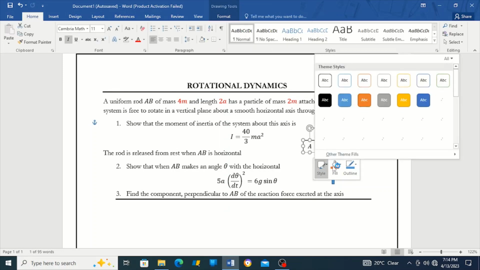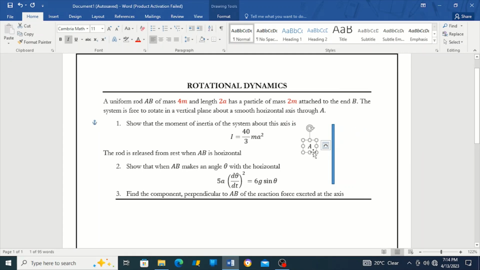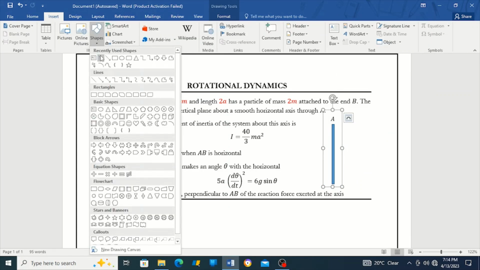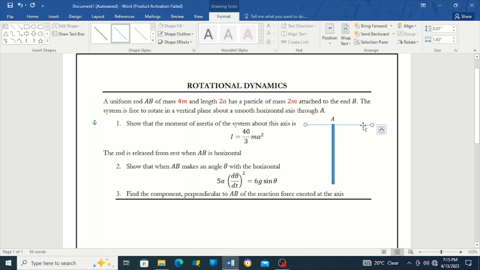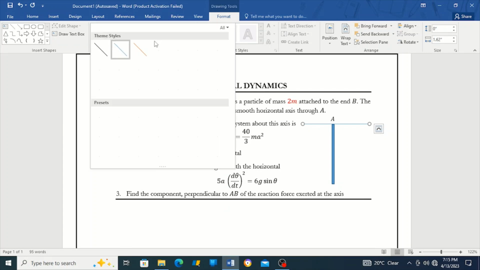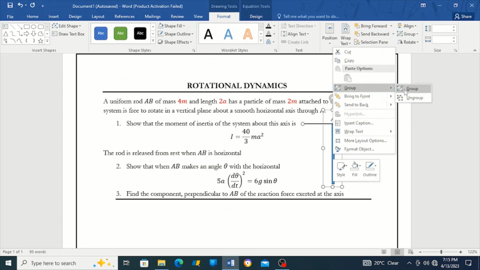It is free to rotate in a vertical plane about a smooth horizontal axis passing through A. So we have our horizontal axis passing through A, and we can just say the axis is the axis delta, for example.